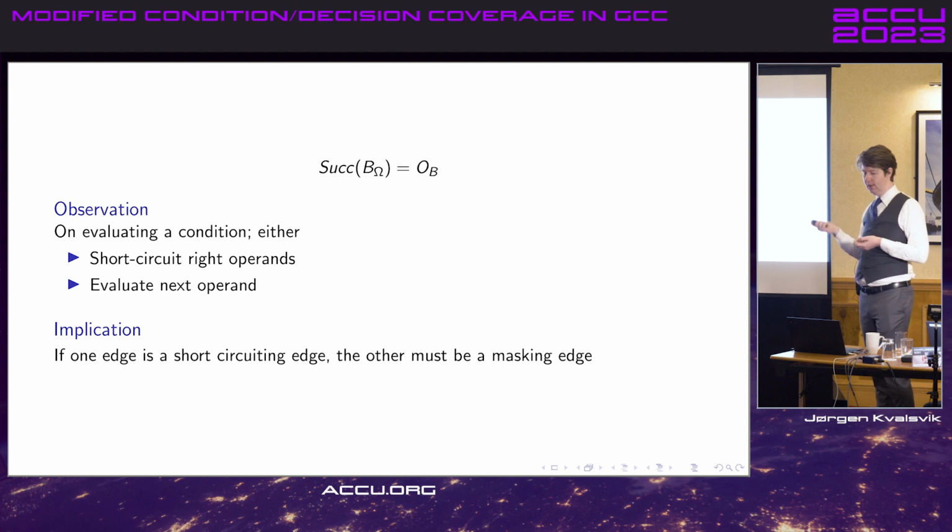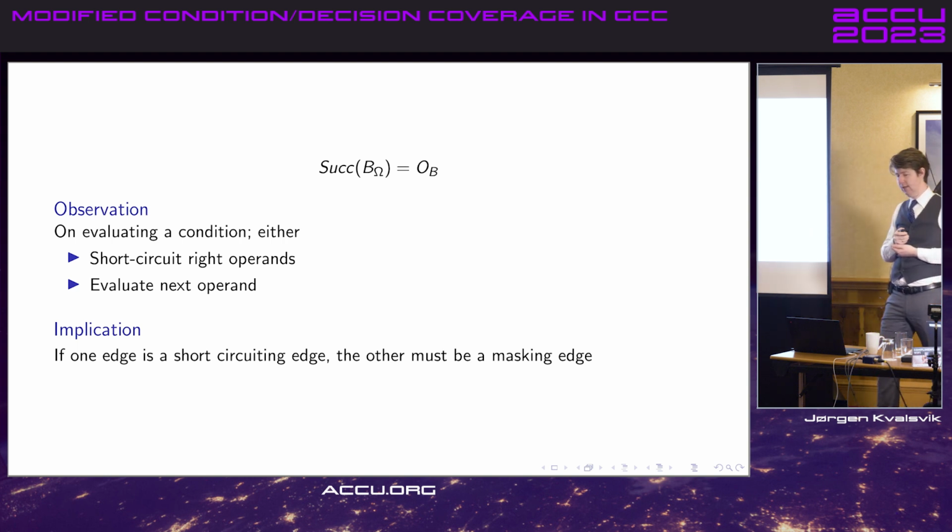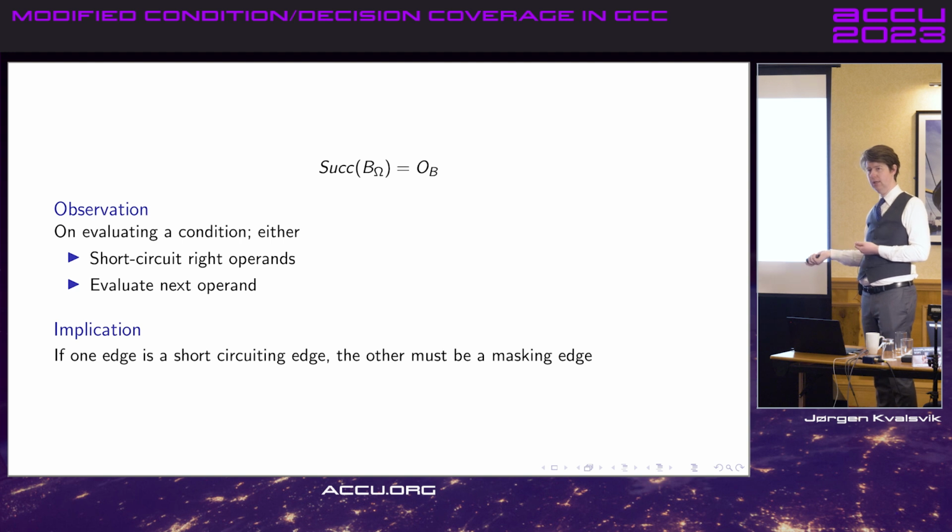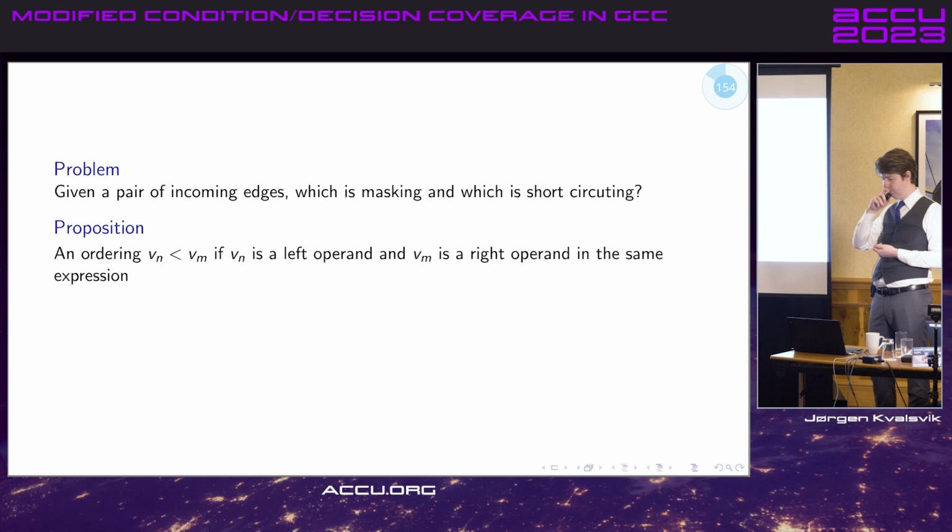So when you're evaluating a condition, you either short-circuit whatever you have to the right, or you evaluate the next operand, right? That's what you do. So either you short-circuit something or you just continue on going. And the implication for that is that if one edge is a short-circuiting edge, then the other edge must be a masking edge. Incoming edges.